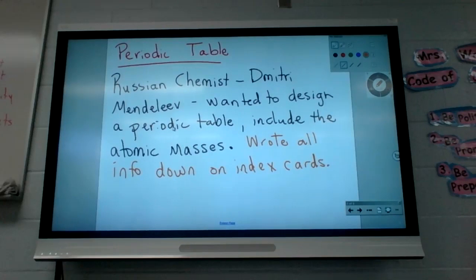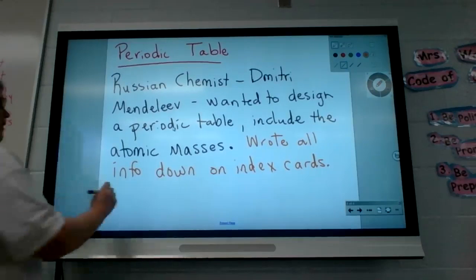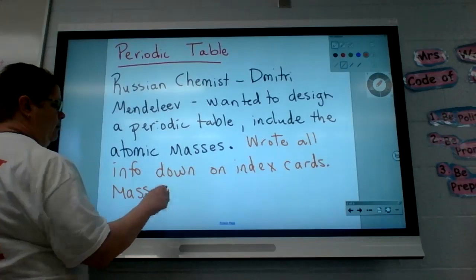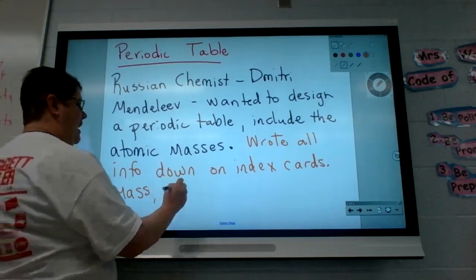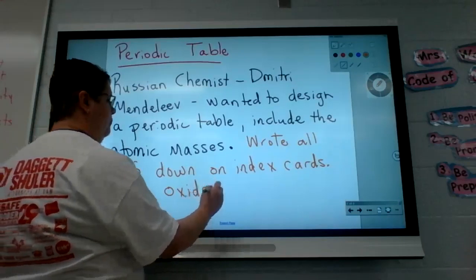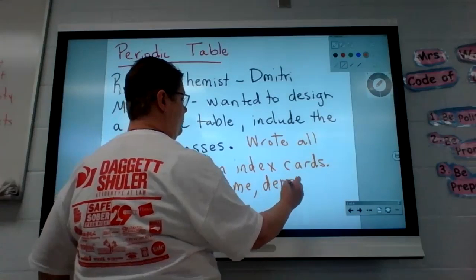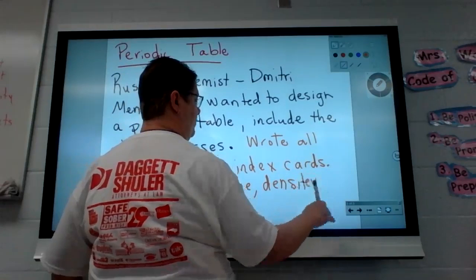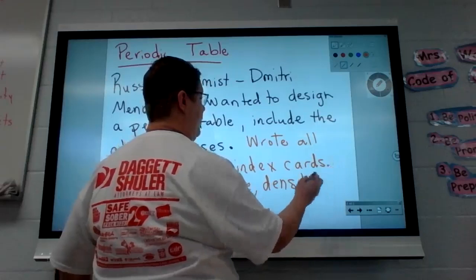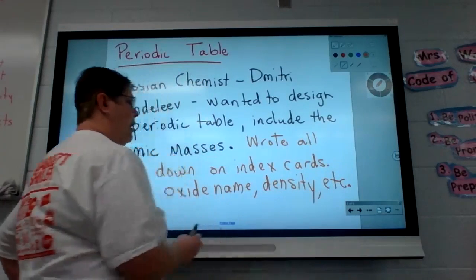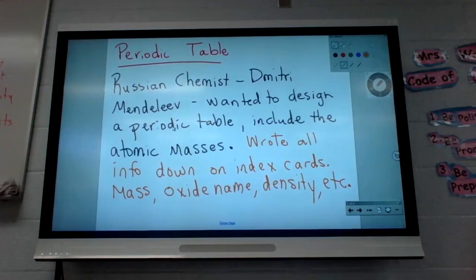They were small cards that he wrote the information down on. All right? He wrote down things like mass, oxide name, density. Whoops. Miss Wall should spell that right. Etc. Okay? Now, once he had all this stuff on the index cards, all right?